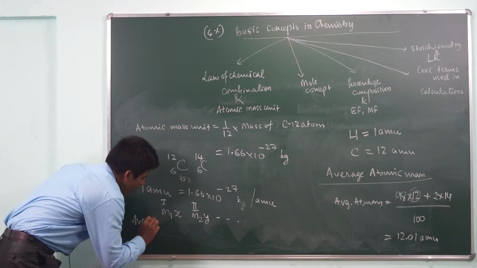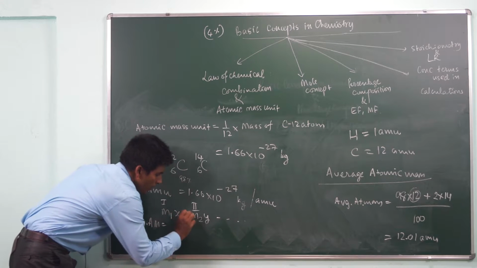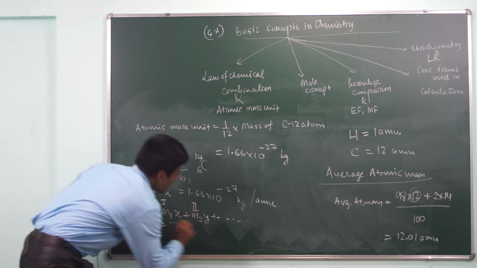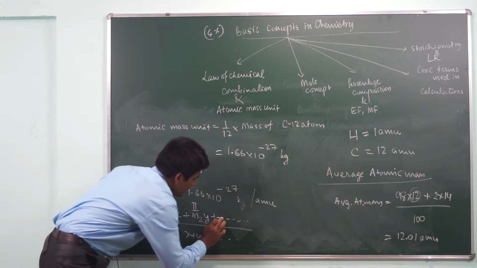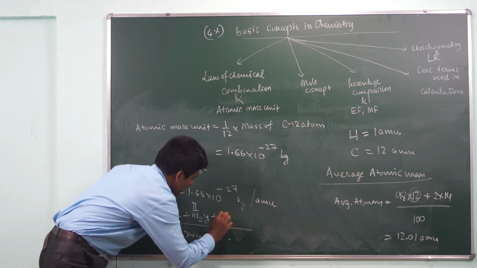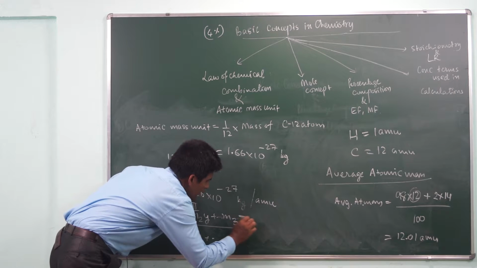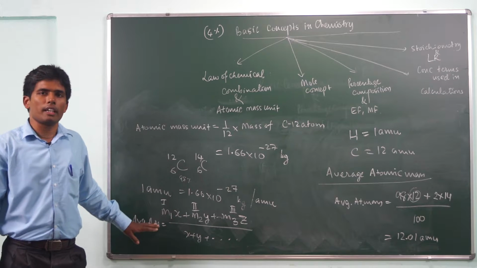The average atomic mass is equal to M1X plus M2Y plus so on, divided by X plus Y plus, say, let us take only 3 terms here, M3Z, so that is the third isotope. This is a general equation which I am writing.